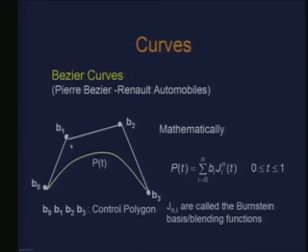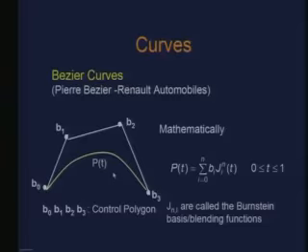So, for this input Bezier polygon, you get a curve like this, right. You can see there is a correlation between the shape of the Bezier polygon and the resulting curve shape. And we also notice that the degree of the resulting curve is directly related to the number of control points we have in the Bezier polygon.